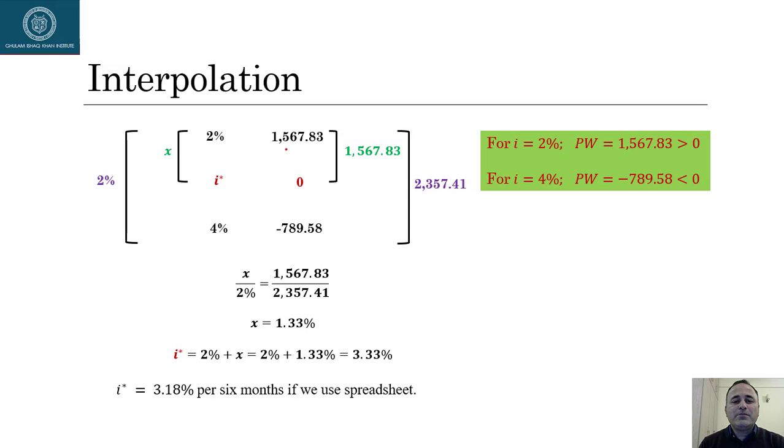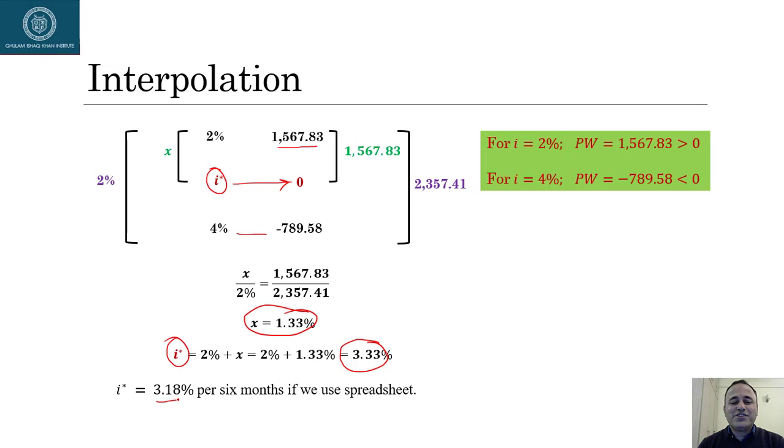Interpolation: at 2%, my PW was 1567. At 4%, it is minus 789.58. If I would like to calculate, let's say i star, the rate at which your PW equals 0, you do the interpolation and your X is 1.33, and your calculated yield to maturity, or rate of return for the investor, is 3.33%.